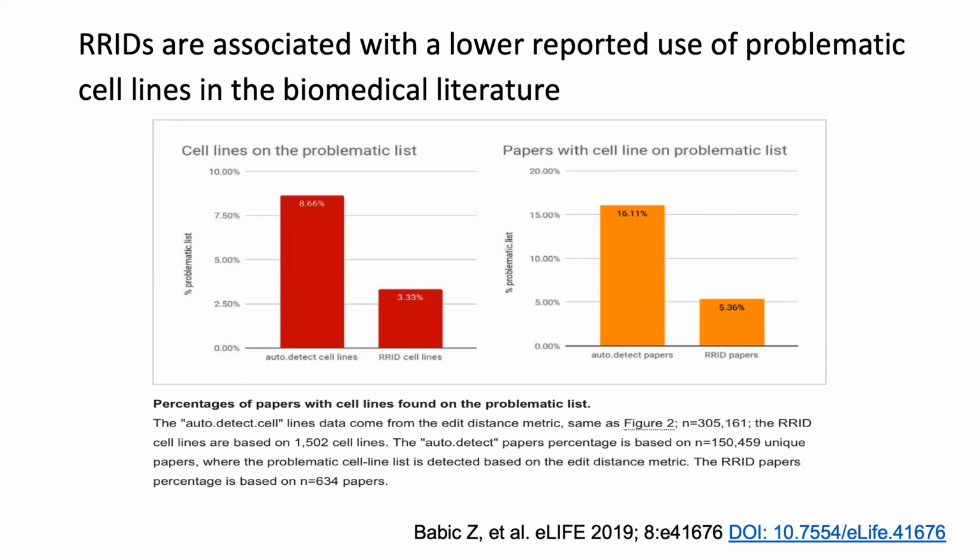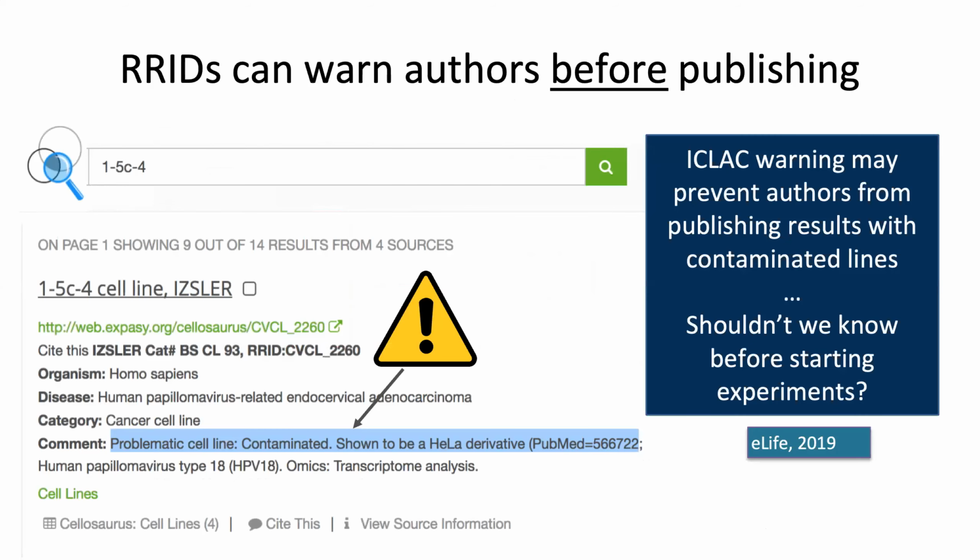And so one of the issues is that we like to know about any issues or problems, or any specific requirements around the use of resources, much earlier on in the scientific process, and that's where the use of RRIDs and these warnings and alerts that we're starting to bring in can be used.